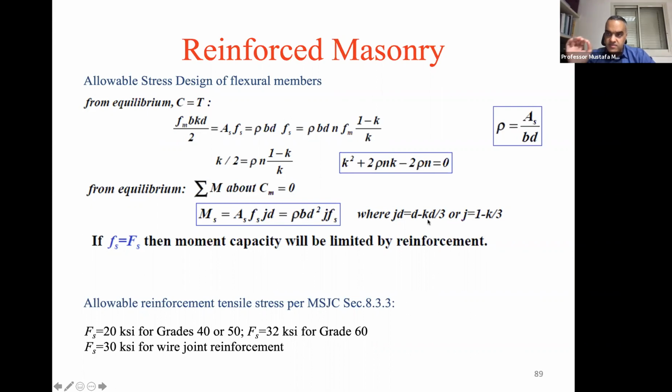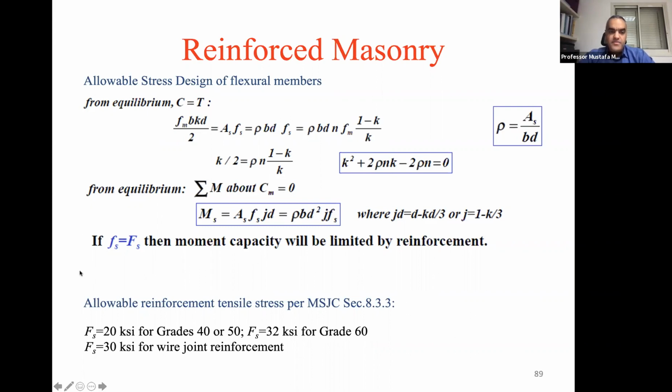This is 1/3, which is the centroid of the triangle. So J is equal to 1 minus K over 3. So the first thing you do, you find K, then you find J from that equation. Then you can find the moment resistance for the cross section based on this.